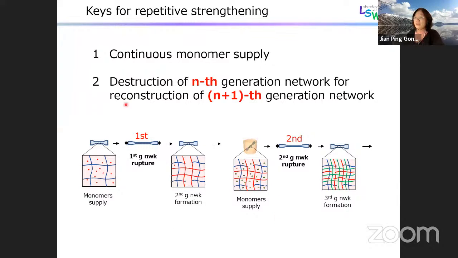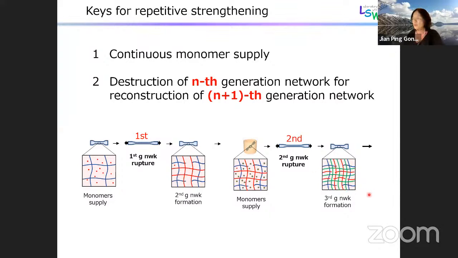Another condition is that we think destruction of the nth generation network is needed for the reconstruction of the n+1 generation network. So the network is ruptured, and then a new one is formed, and this new one might also be ruptured for the next network to be formed.